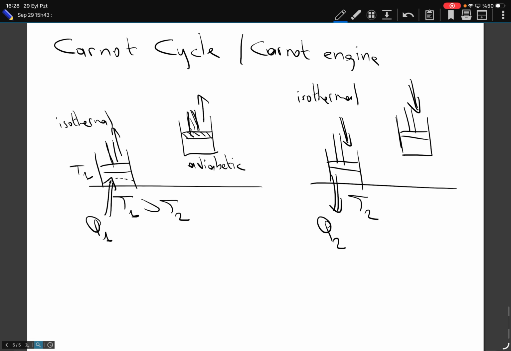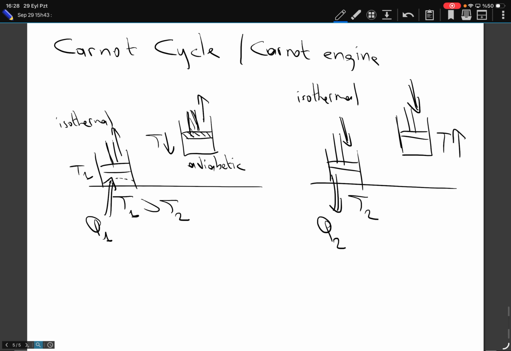Now I am doing work on my system, and the work is stored as the internal energy of my gas, so the internal energy is increasing. That means the temperature is increasing. Here the temperature was dropping. When the temperature reaches T1, the temperature of the hot reservoir, I can repeat the cycle over again.